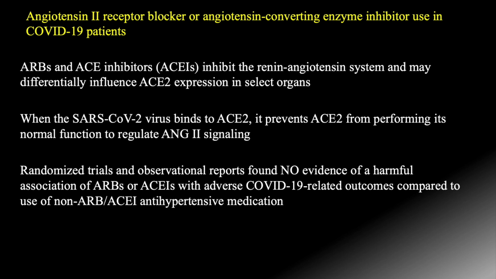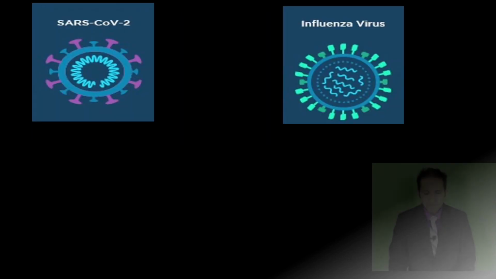However, randomized trials and observational reports found no evidence of harmful association of ARB or ACE with adverse COVID-19 related outcome. So if patient has hypertension, if they are using ACE inhibitor or ARB, you're going to continue these medications because there's no harmful effect found in randomized control trials as well as observational studies.